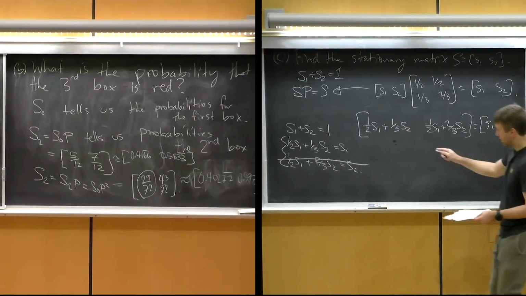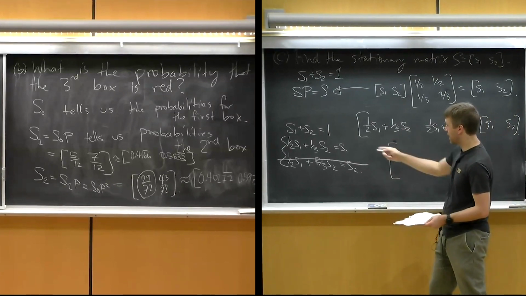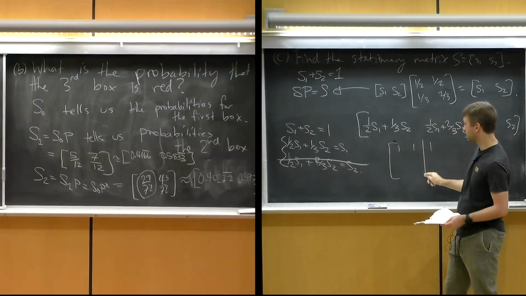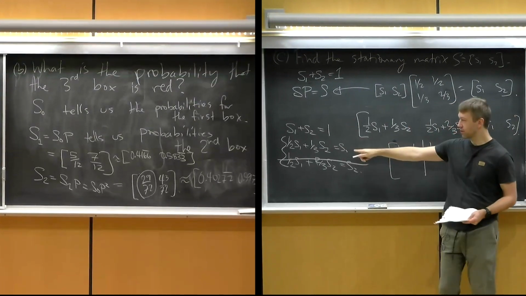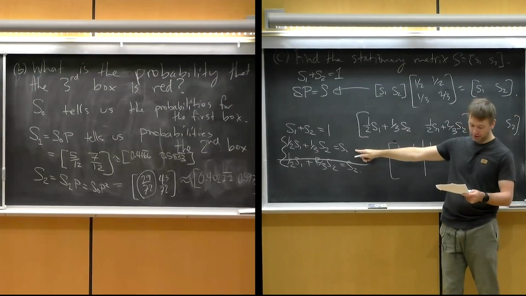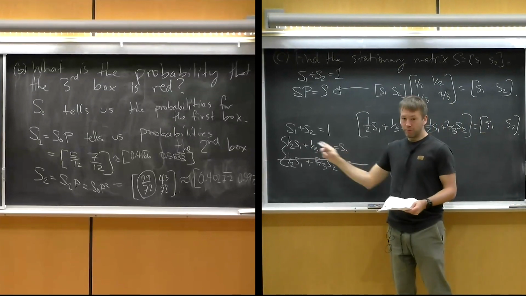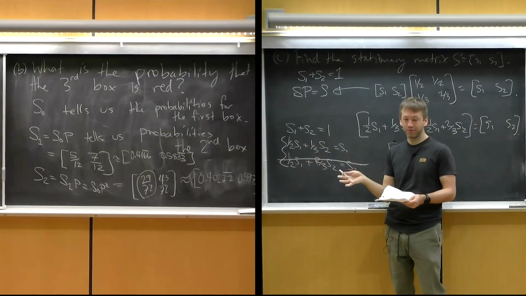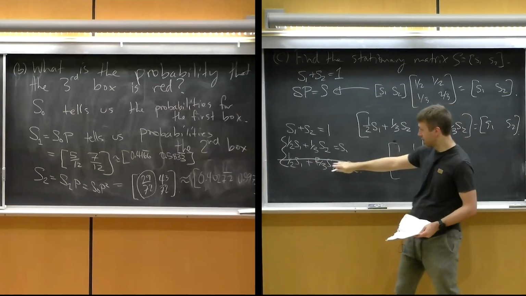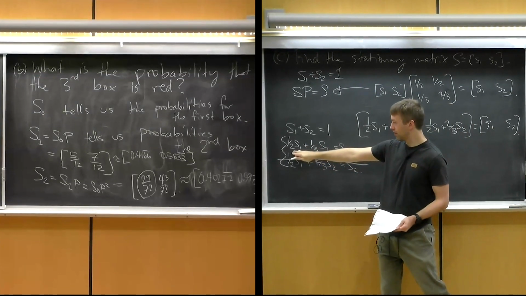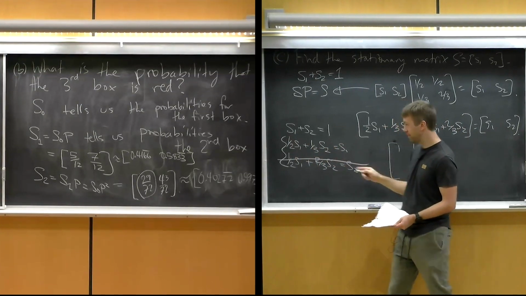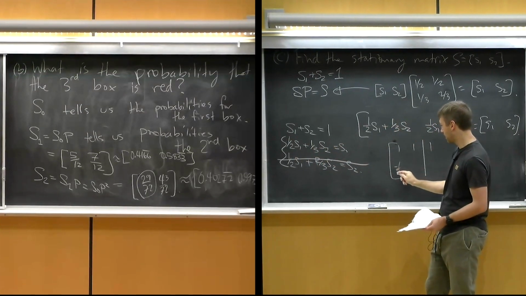Right. So now I have a system of equations where I've got 1, 1, 1. For this equation, you've got to be careful because you've got variables on both sides. You want to get the variables all on the same side. So if I subtract over an S1, I'll have half S1 minus S1, so that becomes negative 1/2 S1.